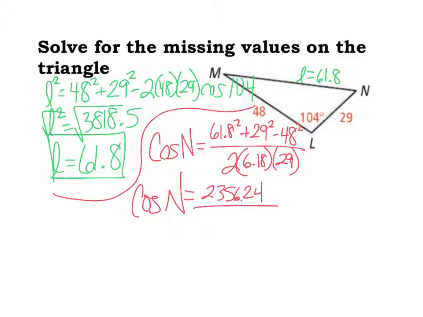I put my decimal in the wrong place there. That's kind of important. This is 61.8. Scoot that over. Times 61.8 times 29. I get 3584.4. Go ahead and divide those two numbers.